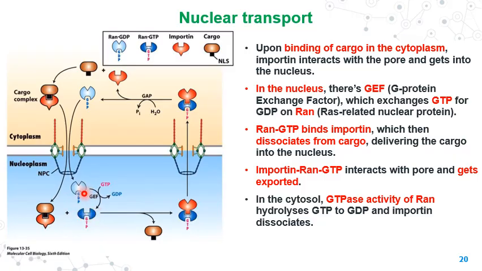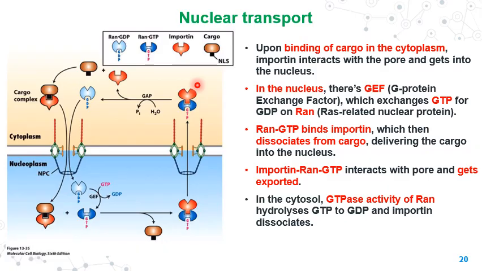So GEF does the exchange, and now this guy is able to go over there and pluck out the interaction of that importin from the cargo. Okay? So now the cargo gets delivered, and now this association protein is stuck to this transportin. And if it stays in the nucleus, it is useless. So this whole thing gets exported back into the cytoplasm.